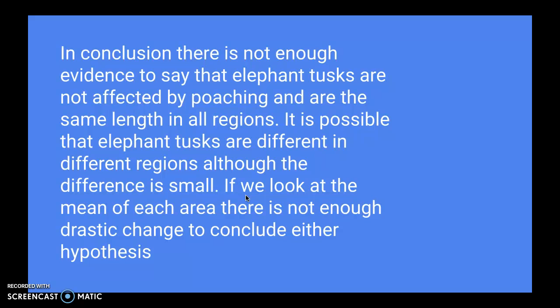If we look at the mean of each area, there's not enough drastic change to conclude either hypothesis or reject the null. So there really isn't a yes or no to this. There are no drastic changes, but there is change. As for drastically, there's no drastic change throughout regions, solely looking at the mean.